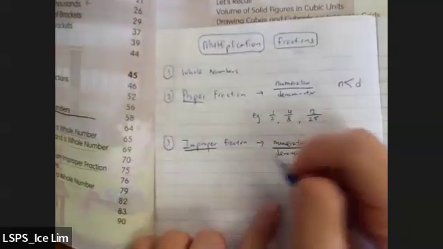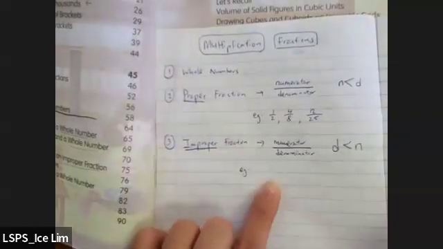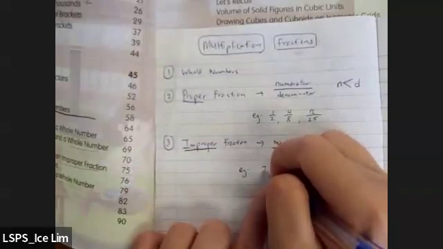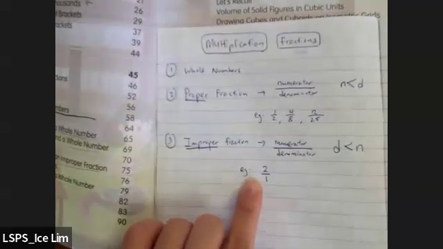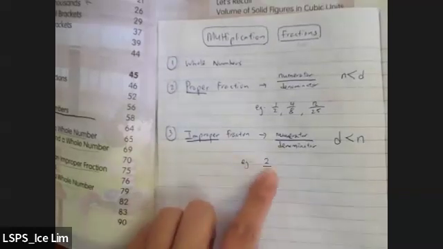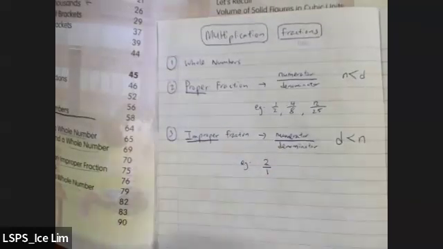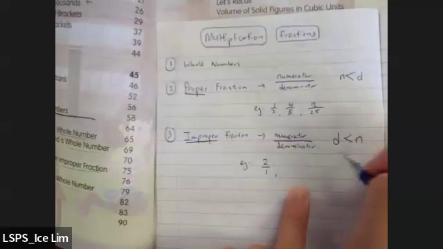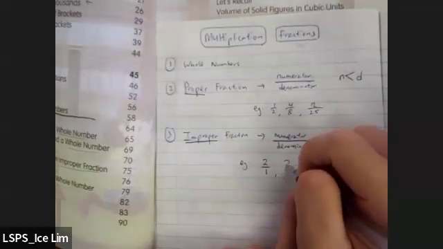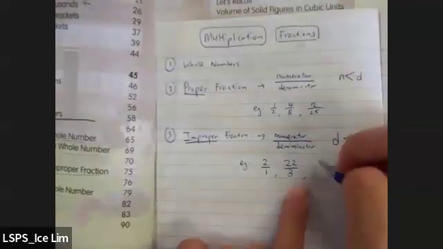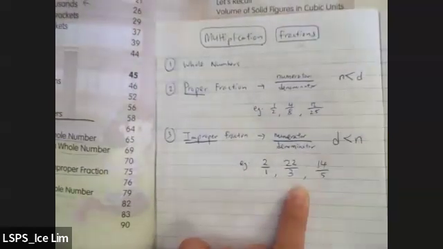Meaning, for example, 2 wholes. I can express 2 wholes as 2 over 1. You can say that this is an improper fraction. I can have 22 thirds, 14 fifths.